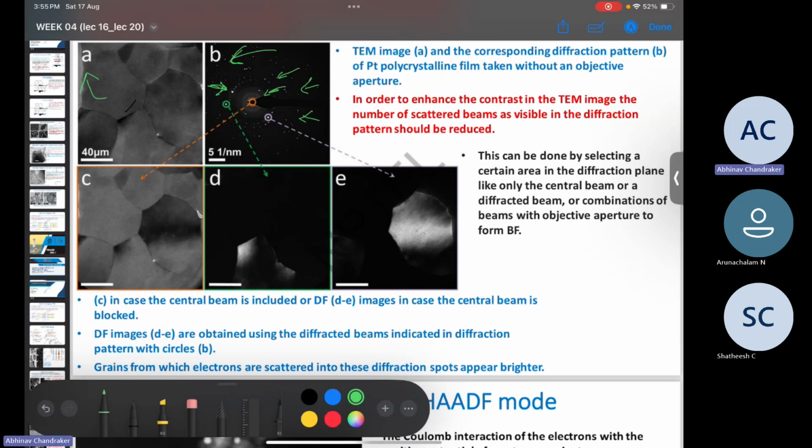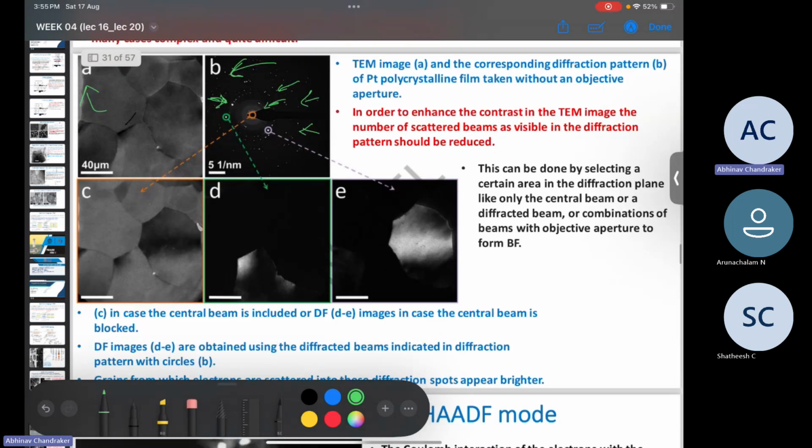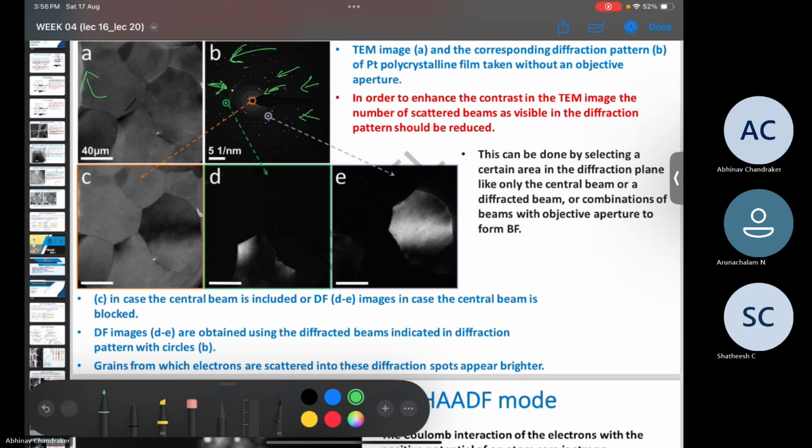As a result, we prefer to use apertures, for example the objective aperture, to consider only a particular transmitted beam or particular diffracted beams and get the images from those only, to better understand the crystal structure of our specimen.